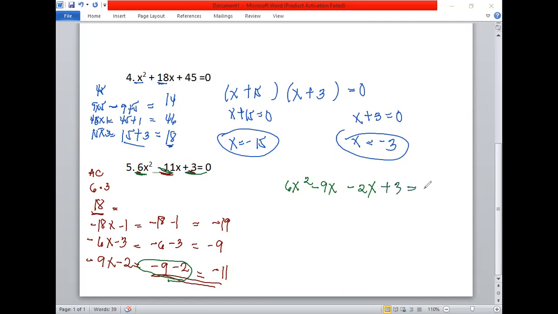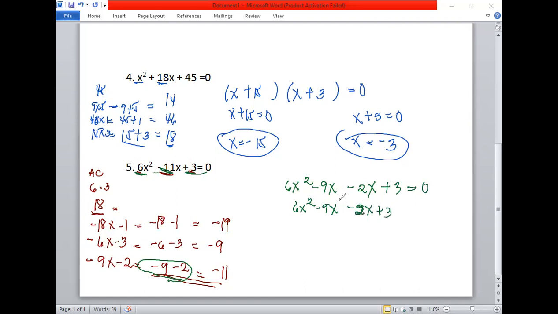Okay, so as you can see, we have 4 given terms. We need to regroup them para po makuha natin yung common factor nila. Okay, regroup natin na. So, 6x squared minus 9x minus 2x plus 3.